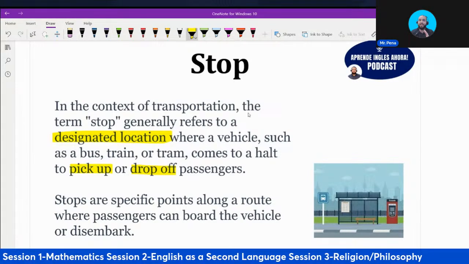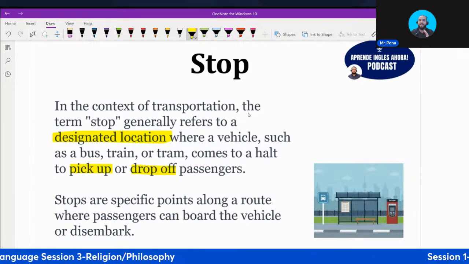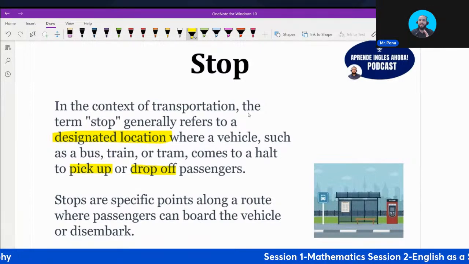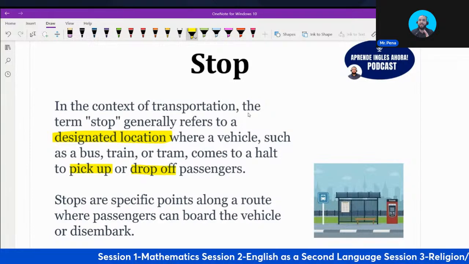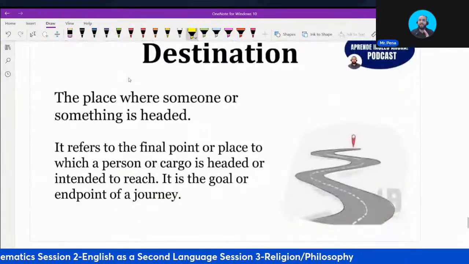The most common reference to the word stop is a bus stop. I will meet you at the bus stop. At the bus stop, you pick up passengers and you drop off passengers. And stops usually have a map which shows you their system.